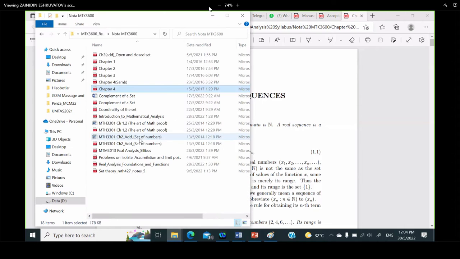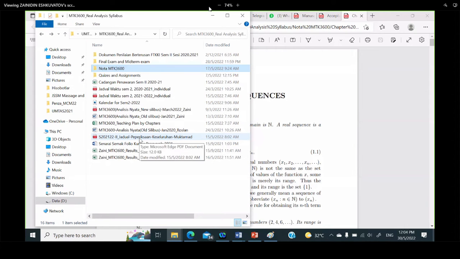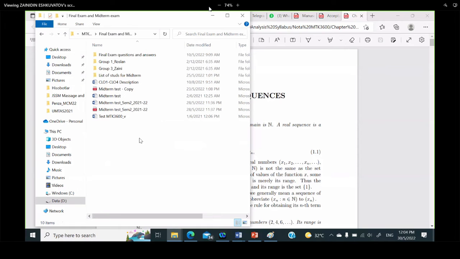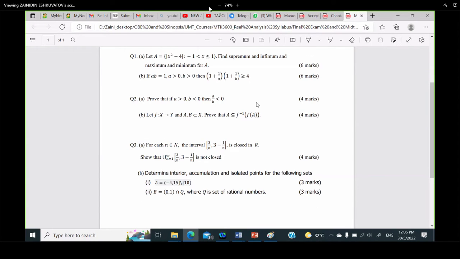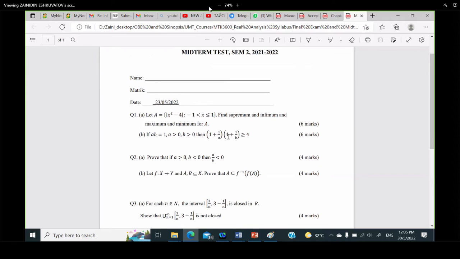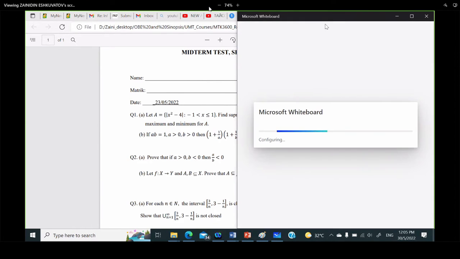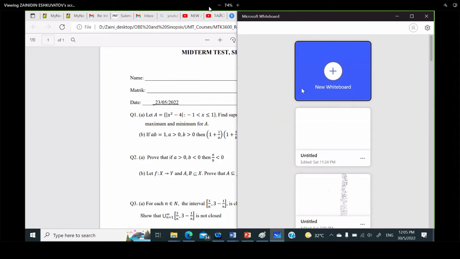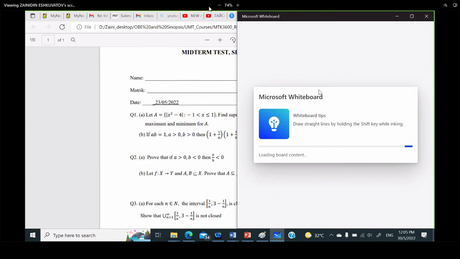Okay, before starting this, let me shortly discuss about the midterm exam. Okay, so I have the solution. So let me just show you my solution, and you can see your mistake. Actually, I am now focusing on evaluating your paper and the exam paper.